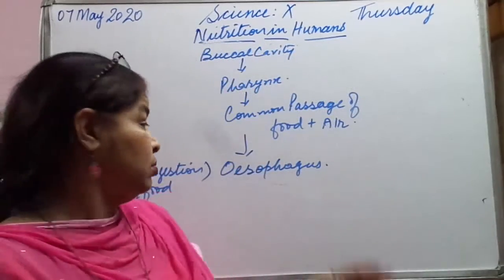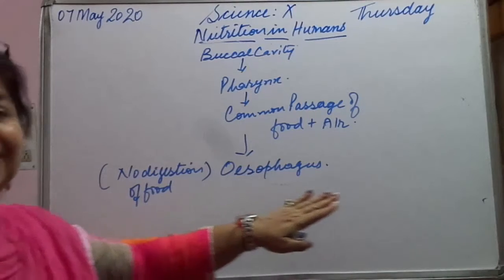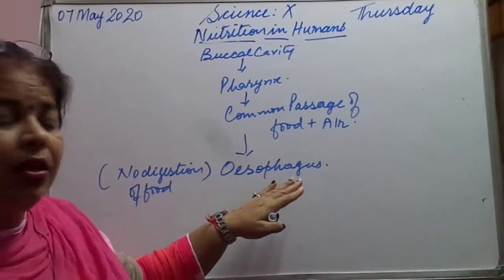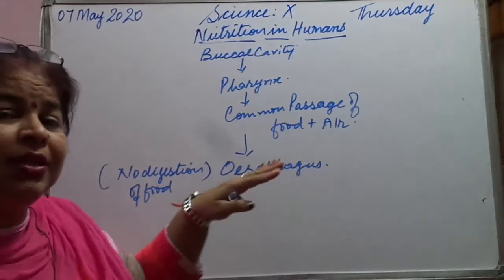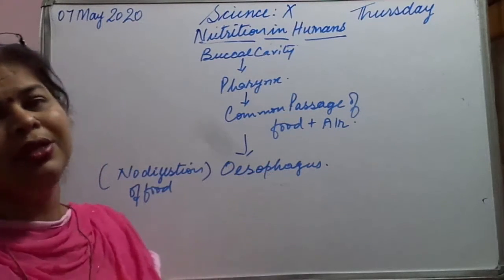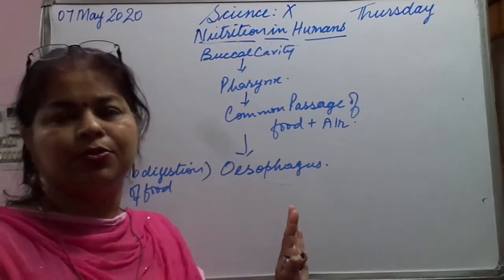So the food enters into esophagus. Esophagus is a tubular structure which helps in passing the food. It connects what? Buccal cavity or mouth to the stomach. And this is the only organ where no digestion takes place.